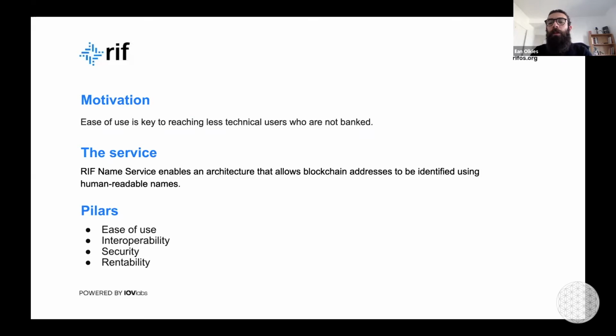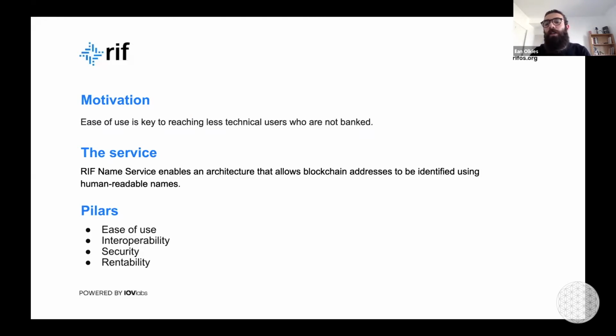So most of the motivation of this service is trying to reach the unbanked people. In the RIF services, the whole motivation of the project is to reach the unbanked people and give them services that are trustful, cheap, and also decentralized.